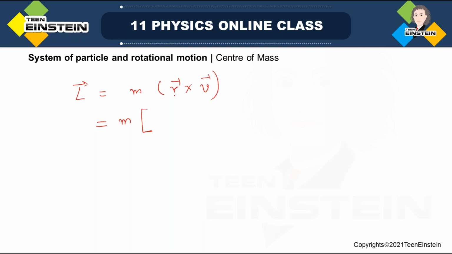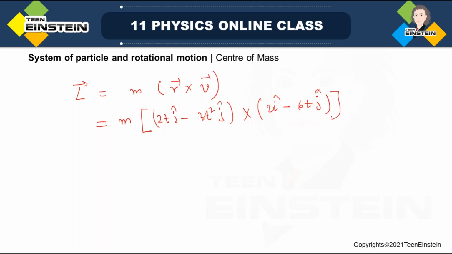We have r vector as 2t i cap minus 3t square j cap, and we have v vector. We'll write directly what we got by taking the time derivative: 2 i cap minus 6t j cap.